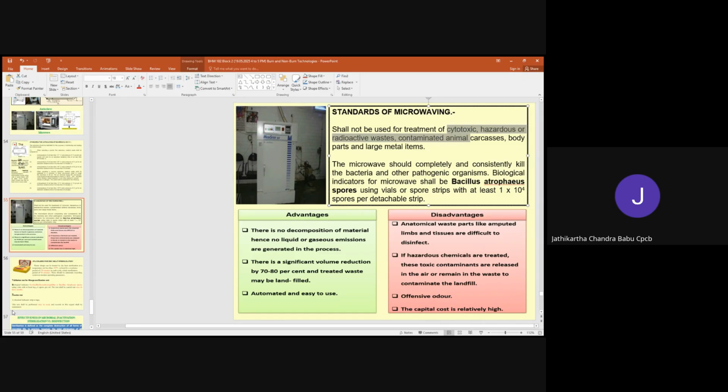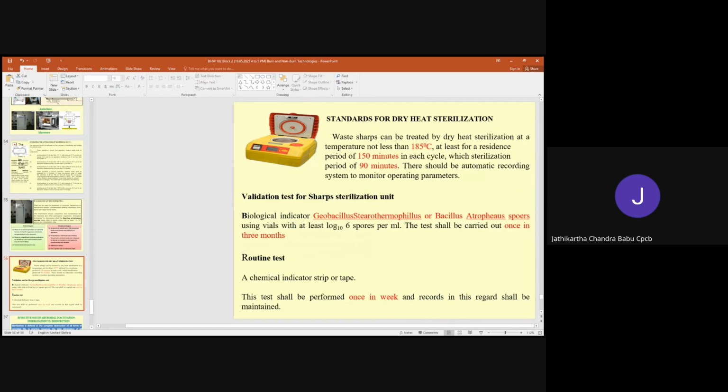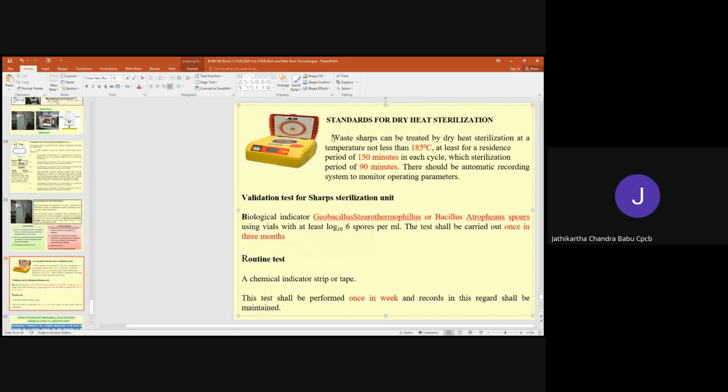Whereas dry sterilization can be adopted by maintaining a temperature of 185 to 190 degrees centigrade with a duration of not less than 90 minutes. By adopting this temperature and residence time of 90 minutes, you can definitely achieve log 6 efficacy. The routine strip test has to be conducted for every batch, whereas the biological test, the integrated test, has to be conducted once in a week.